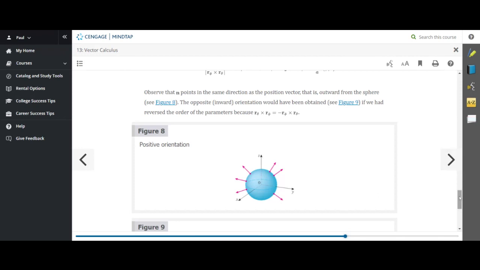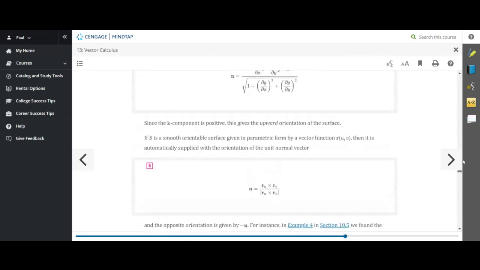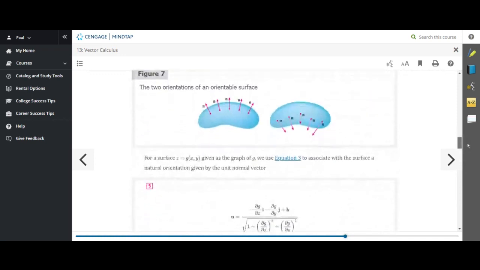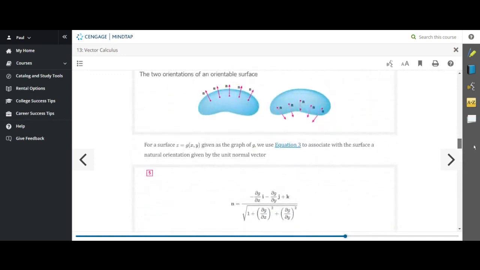One thing that is interesting to note is that if you have a surface that can be written as z is some function of x and y, then the unit normal vectors, you can find them using the formula you see there in figure 5.